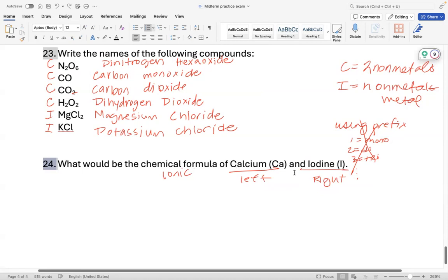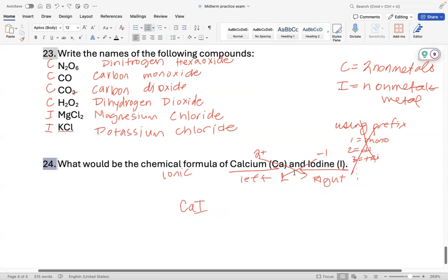I care about the charge, and I'm swapping those charges to make a neutral compound. So calcium has a +2 charge, and iodine has a -1 charge. So if I wanted to make a compound of calcium iodide, I need to swap these charges for the subscripts.